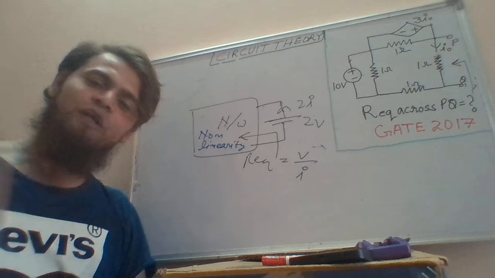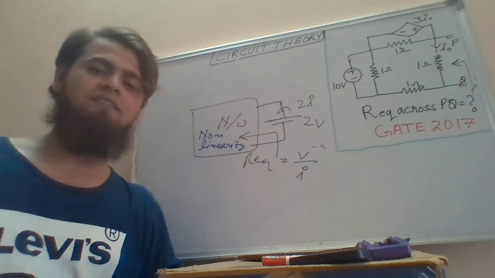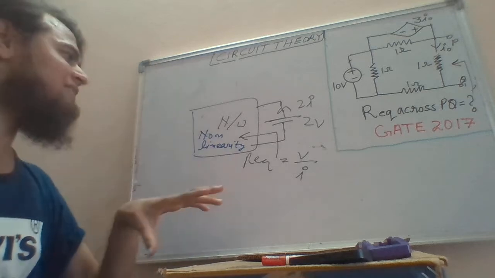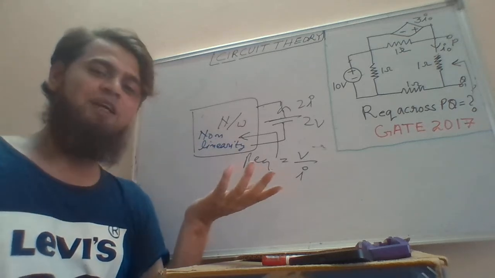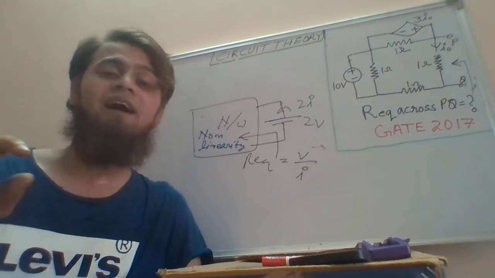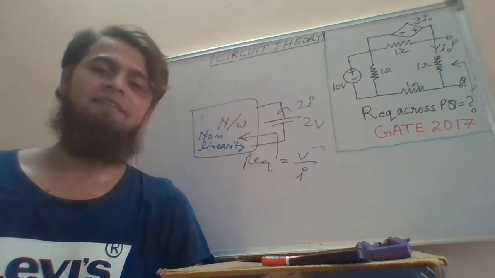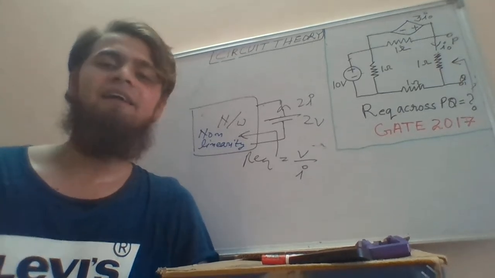And in fact, a unique value of R equivalent of some network makes sense. The moral of the story is that you have to kill the non-linearity so that you can have a unique value of equivalent resistance.